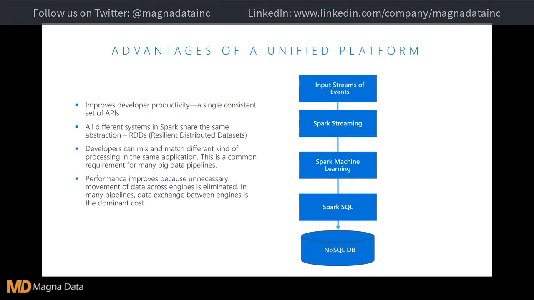So, advantages of a unified platform. One of the things that Spark does is streaming. The way it does streaming is that it actually batches the streams. Unlike Storm, if you're used to it, which does event processing one event at a time, Spark streaming takes a batch of events and then processes them.